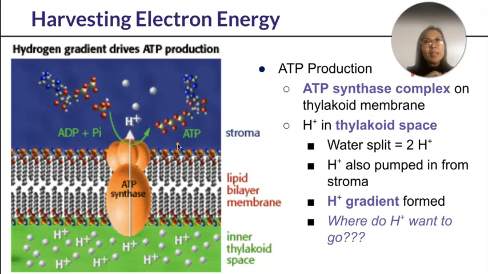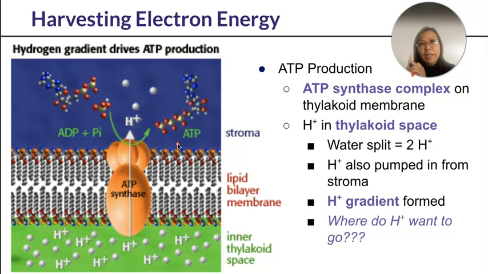Because there are so many proton ions in the thylakoid space, the protons want to leave the thylakoid space and go back into the stroma. There's just too many ions in this breathing room, so they want to leave and go into the stroma space.